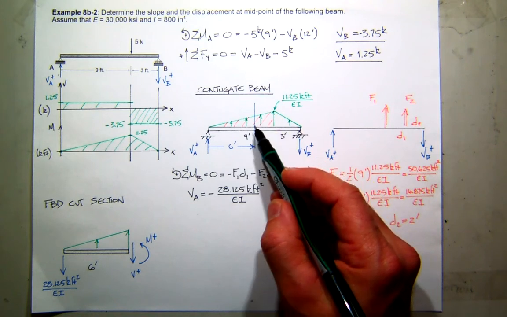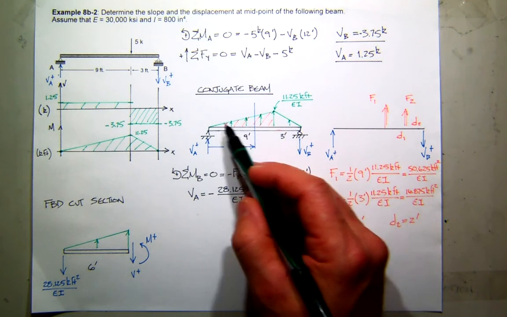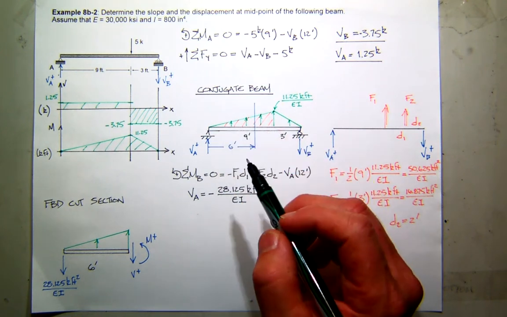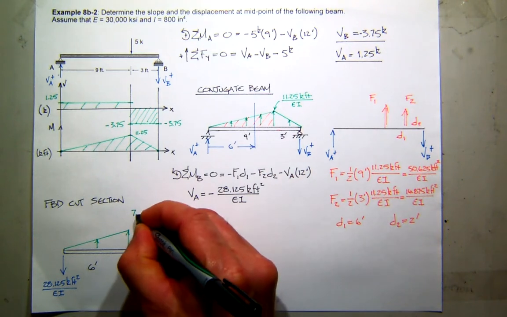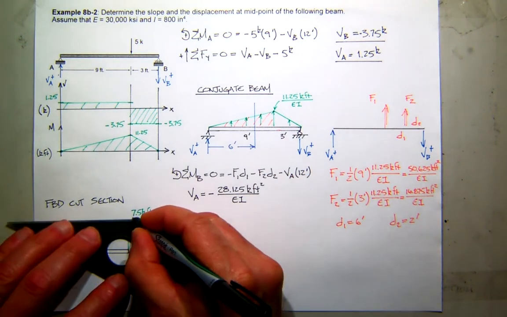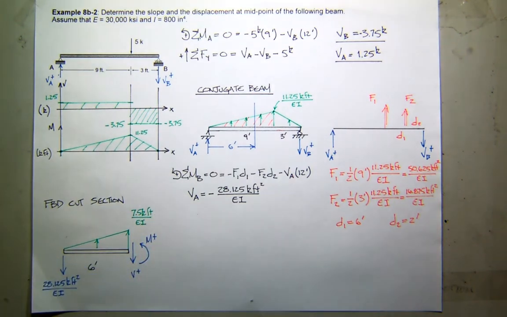So what's it going to be at 6 feet? Well, those are similar triangles. 11.25 is to 9 as what is to 6? 6 to 9 is 2/3. So what's 2/3 of 11.25? 7.5. So this becomes 7.5 kip feet divided by EI. Everybody see that?